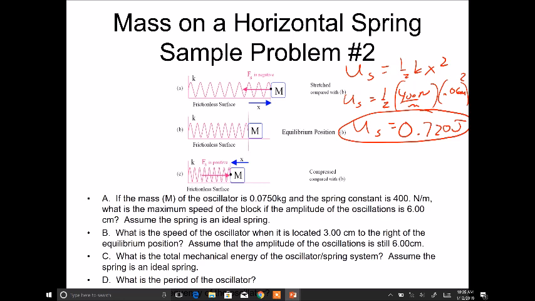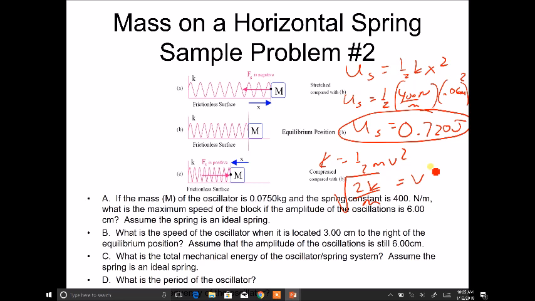Well, we're looking for the maximum speed. Remember, the maximum speed occurs at the equilibrium position, when all of that mechanical energy, instead of being potential, is kinetic. So we're going to use K equals 1/2 mv squared. Again, we're going to solve that out for v. So v equals the square root of 2K over m.